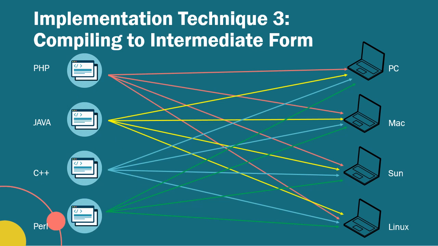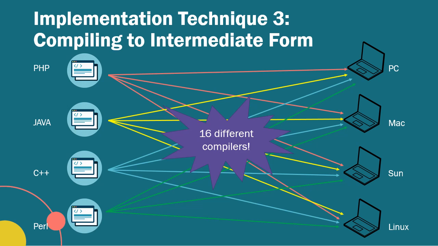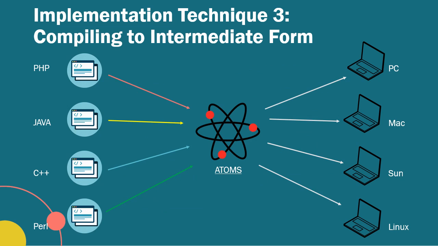Usually, this would mean developing all these separate compilers for all these separate computers, which means we need to develop 16 different compilers. However, if we decide to create a compiler that translates from PHP to Atoms, and then from Atoms to PC, then from Java to Atoms, and then from Atoms to Macintosh, and then from C++ to Atoms, and Atoms to Sun, from Perl to Atoms, and Atoms to Linux.